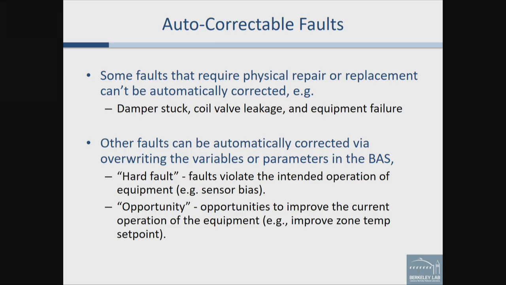For example, if you set the supply air temperature at a fixed 55 degrees Fahrenheit, I think that is not a good control strategy, and you can improve that to get more energy savings by implementing supply air temperature reset. So we have these two categories of faults that we can include in our fault auto-correction framework.